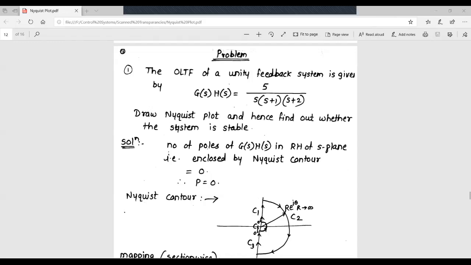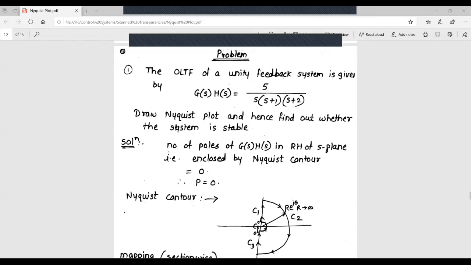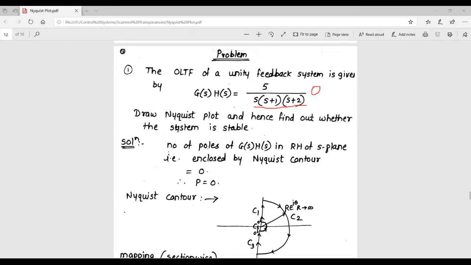Initially, we need to find whether there are poles or zeros in the right hand side of the s-plane. From the given transfer function, we know that the poles are at 0, at -1 and at -2. So out of these three poles, there is no pole which lies in the right half of the s-plane.